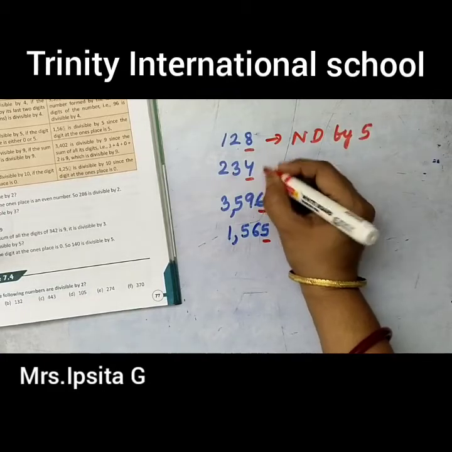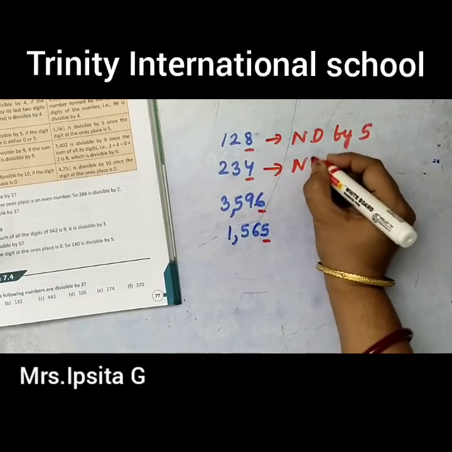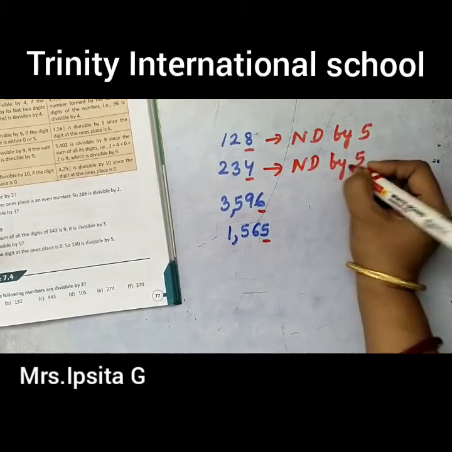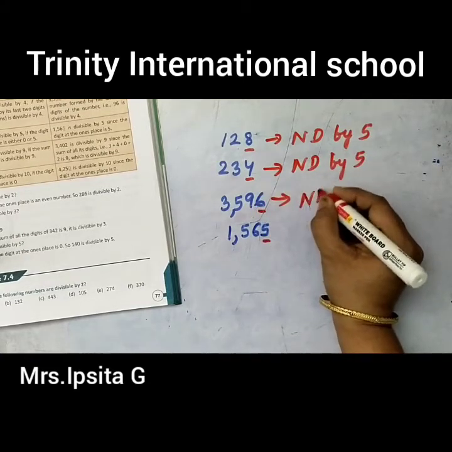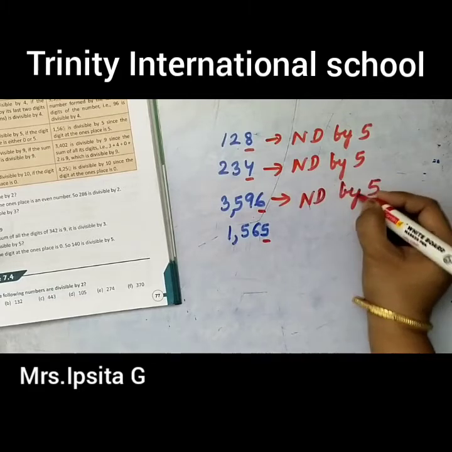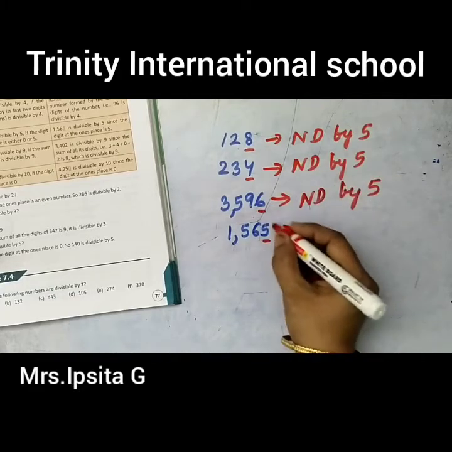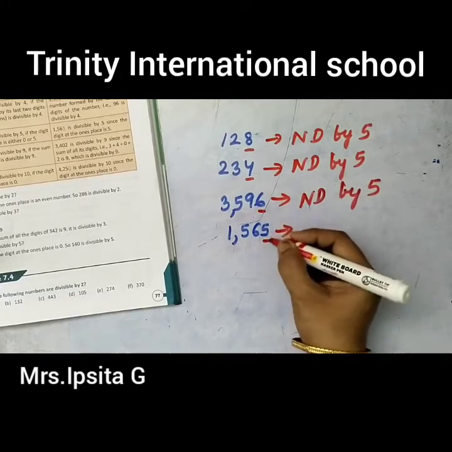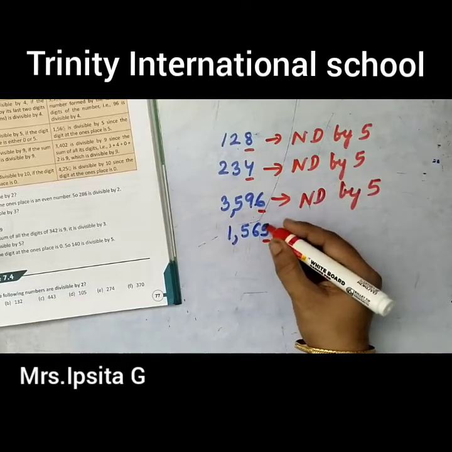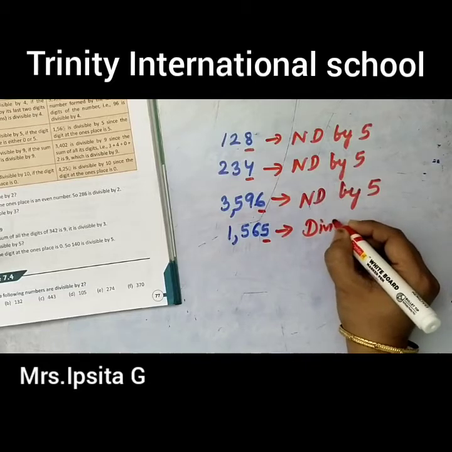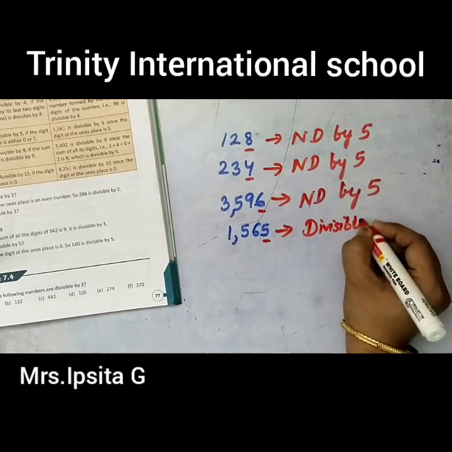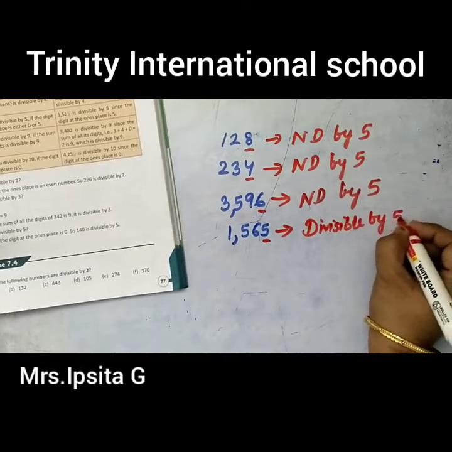Now if you see this is also not divisible by 5. Here if you look to this digit, it is not divisible by 5. Now here you have 5 as a digit at one's place, so this number is divisible by 5.